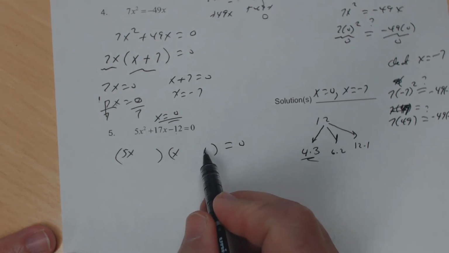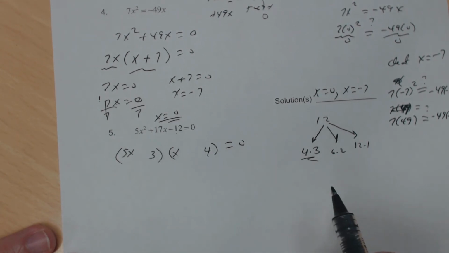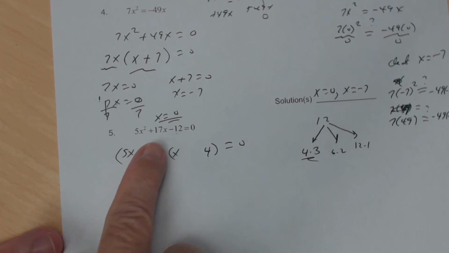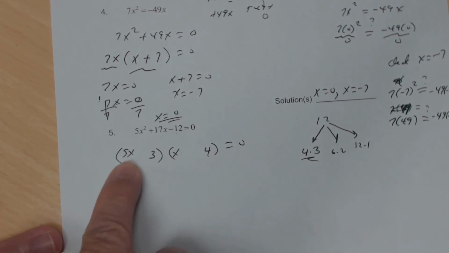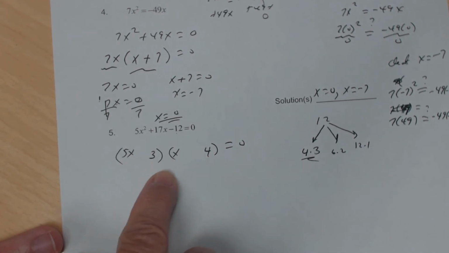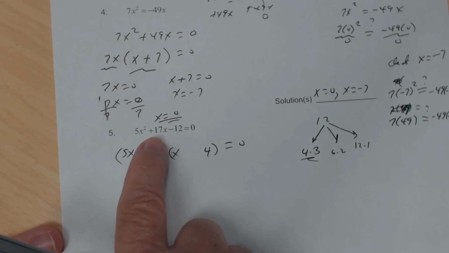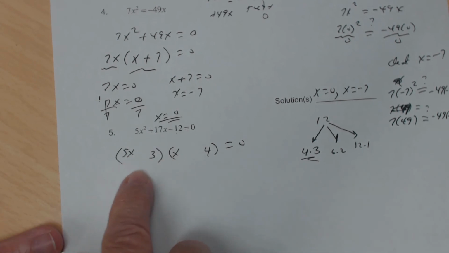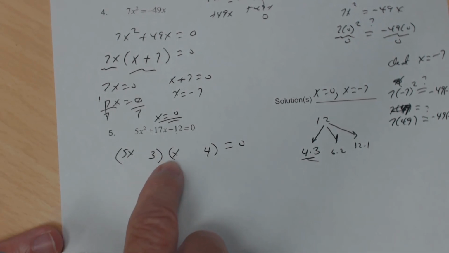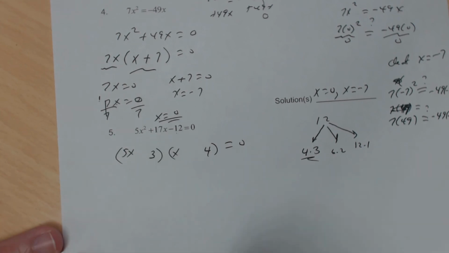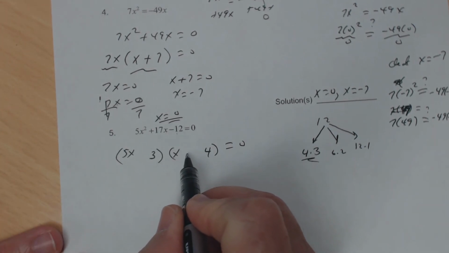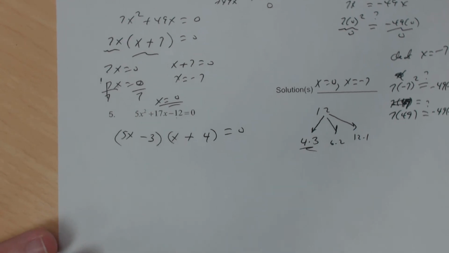So I'm going to put the 4 here, the 3 there, and double check yourself. The outer is 20x, the inner is 3x. Remember, one of them has to be negative, and one has to be positive. So the 20 is going to be positive because the middle term is positive. So a 20x and a negative 3x is 17x, which is what you wanted. So this has to be positive and this has to be negative.